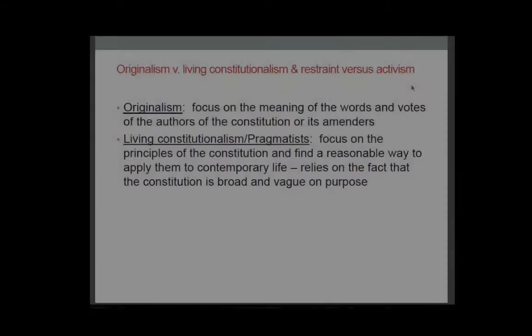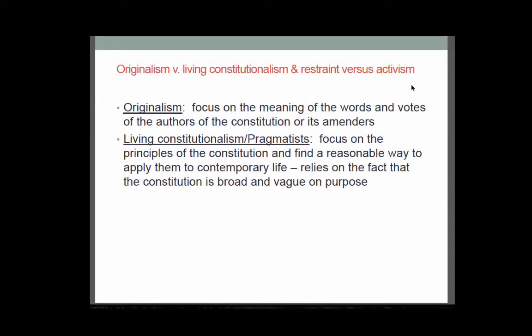And these are 2 different dynamics that we're going to look at. One is about originalism versus interpretive nature of the Constitution, and another one's about judicial activism versus judicial constraint. I want to take a minute now to try to explain the difference of these 2 things.